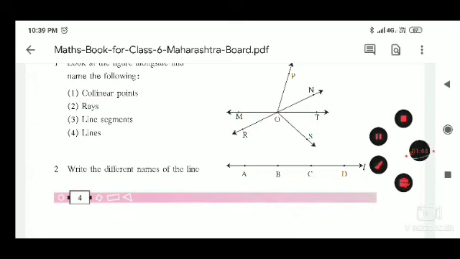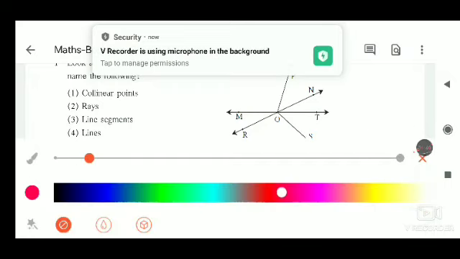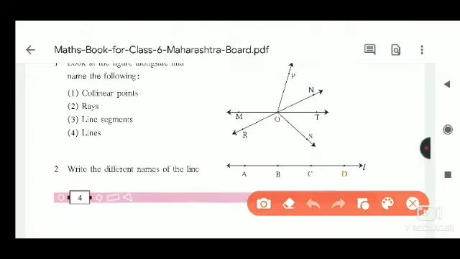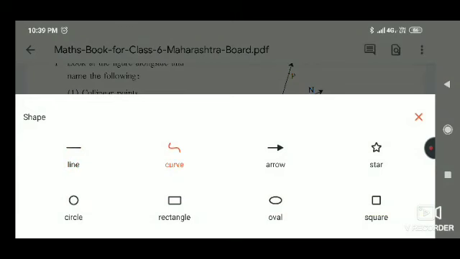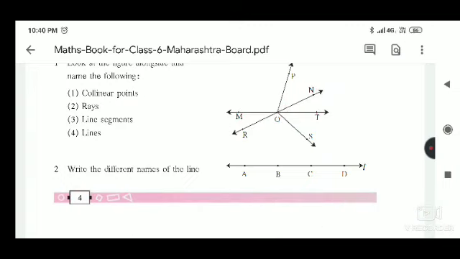One more time, see here. This is point R, this point is O, and that point is N. They also lie on one line, so these points are called collinear points. So for the first question, M, O, T and R, O, N are the collinear points.